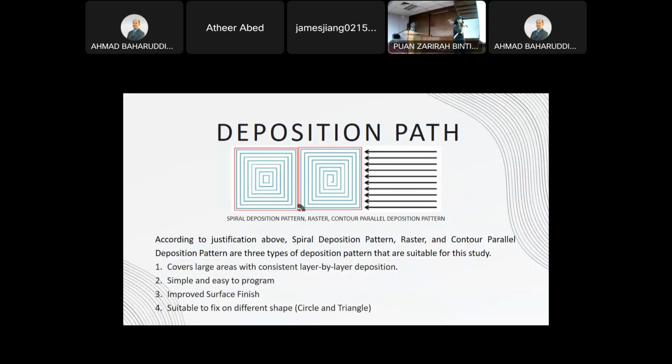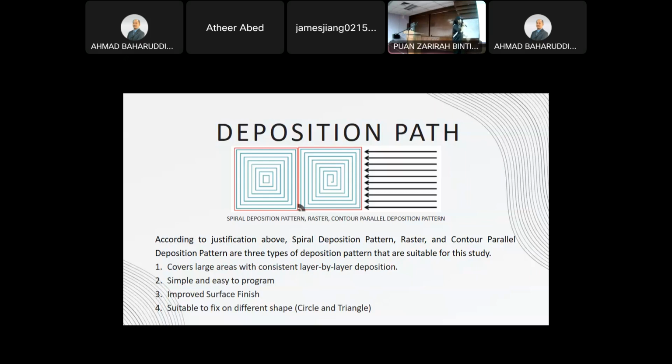I can claim that these are the most suitable types of deposition path to be used for three different shapes, which I will explain more later: triangle, circular, and also rectangular.